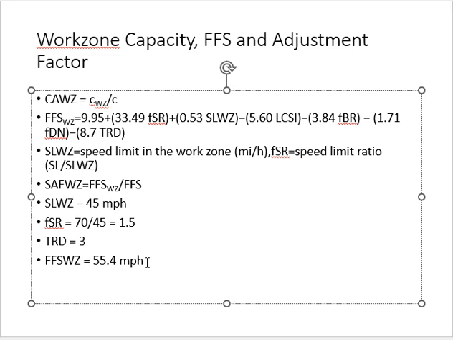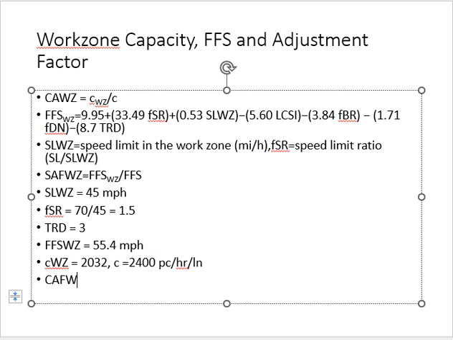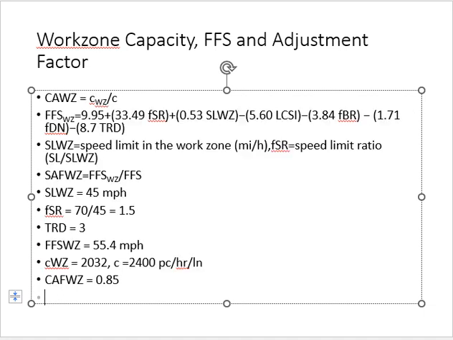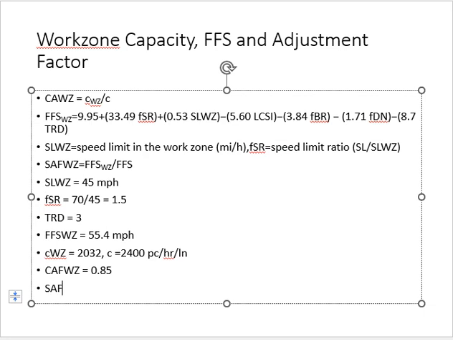Okay, so my work zone capacity was 2032. My normal capacity is 2400. 0.85. So the capacity adjustment factor for work zone is 0.85. Okay, now for the free flow speed, speed adjustment factor, work zone.